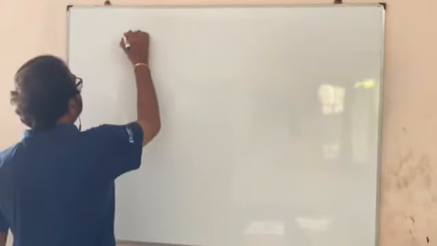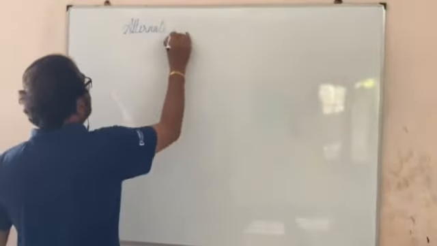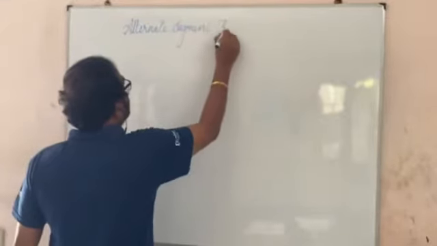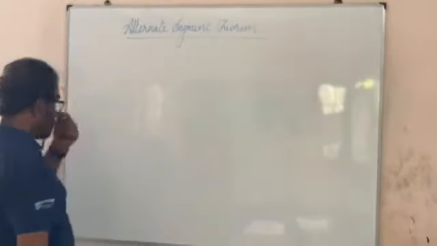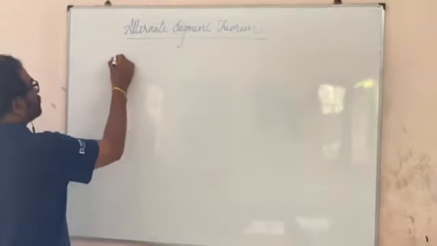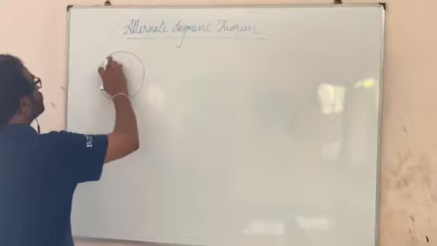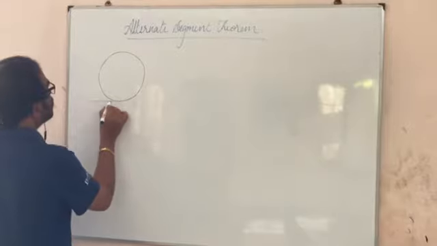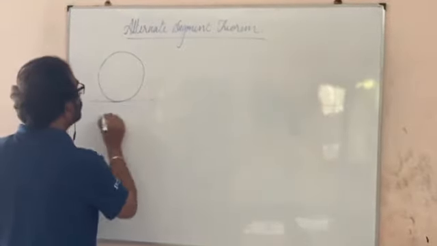Alternate segment theorem. Consider a circle and a tangent to the circle.